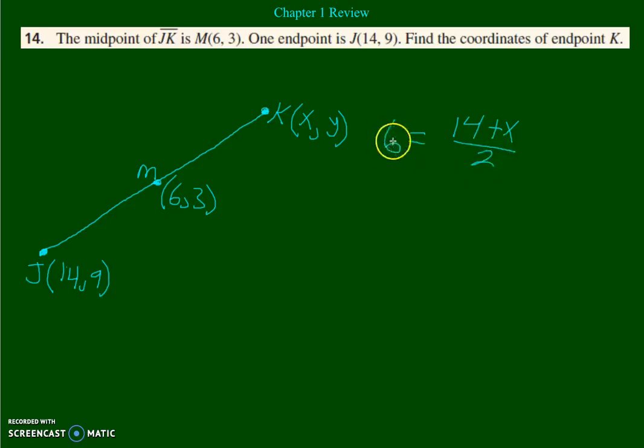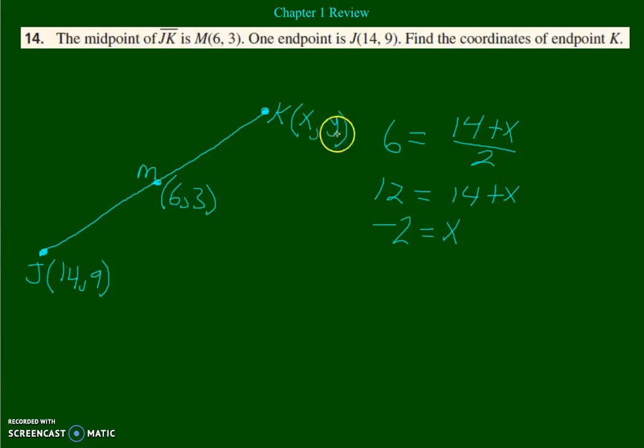So the midpoint X coordinate, 6, equals the average of the X coordinates of the endpoints. Now all I have to do is solve for X. So we're going to multiply both sides by 2. 12 equals 14 plus X. And then we subtract 14. So negative 2 equals X.